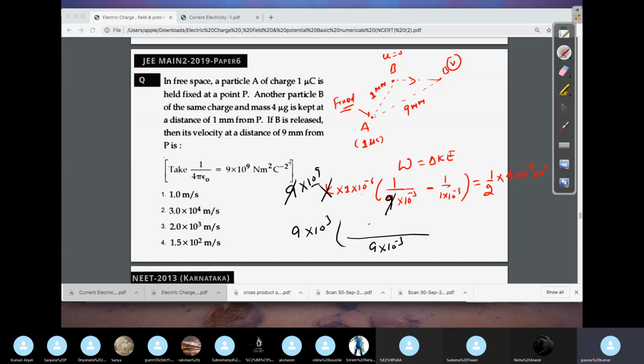Why is it negative? kq by r, okay, kq by r. A single charge is moving, but it's not moving in quasi-static motion, so we can't use that concept. No problem, you can use that concept.